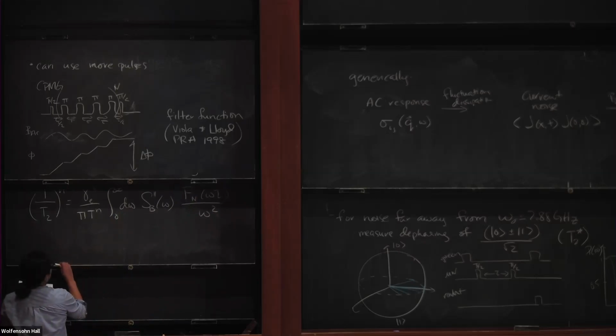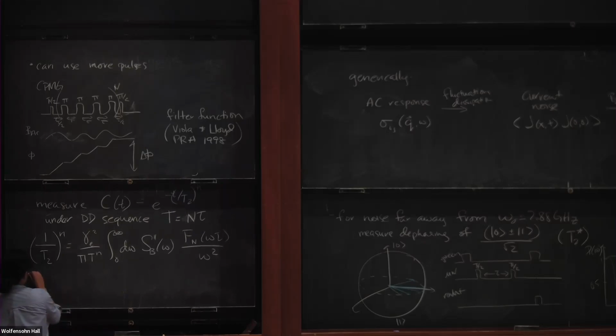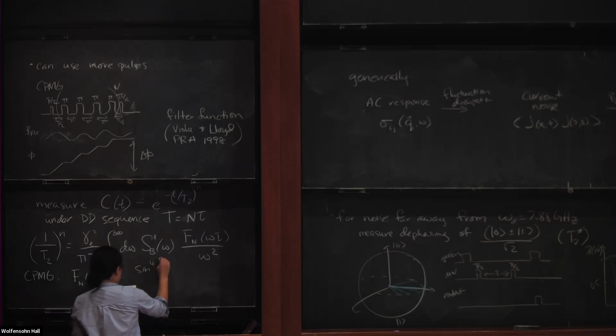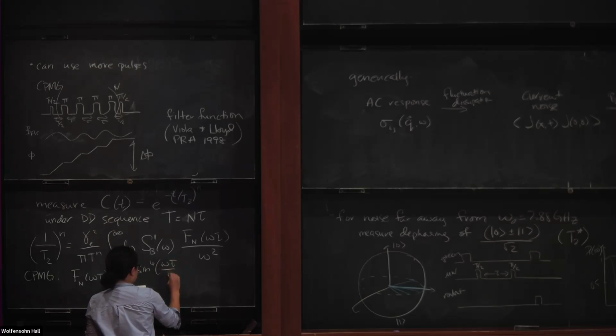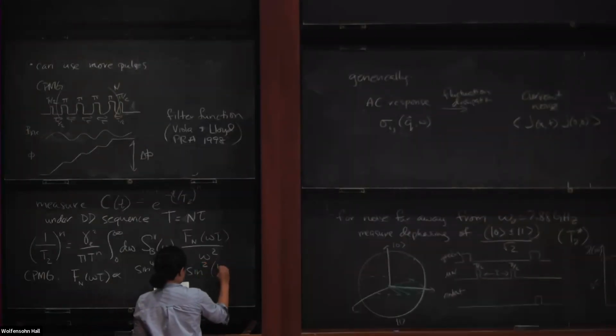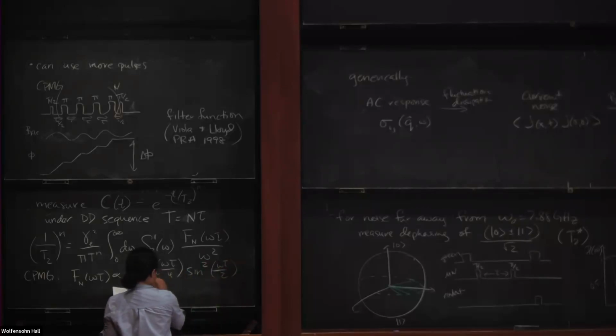So for CPMG, this filter function looks like this. Something messy with a lot of high powers of sines and cosines.